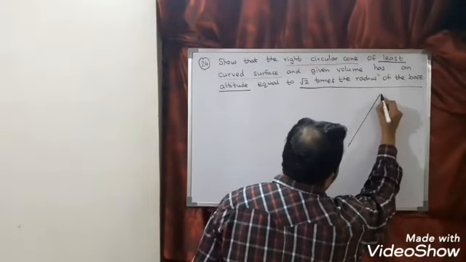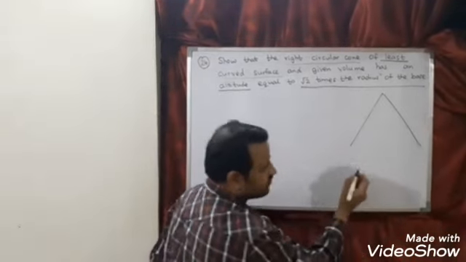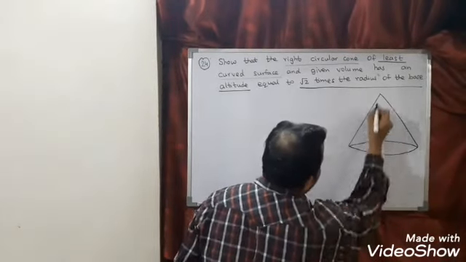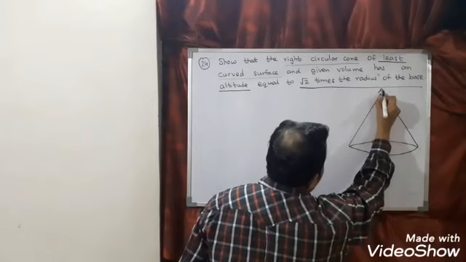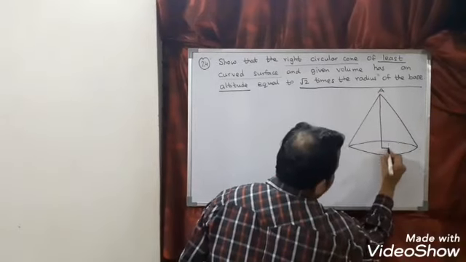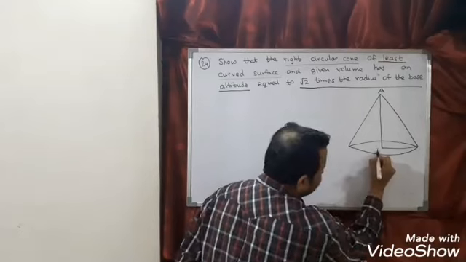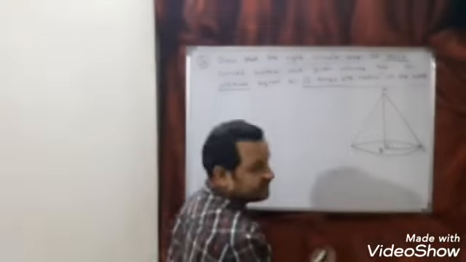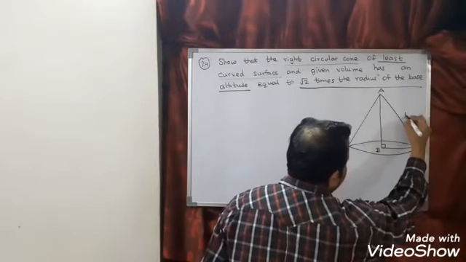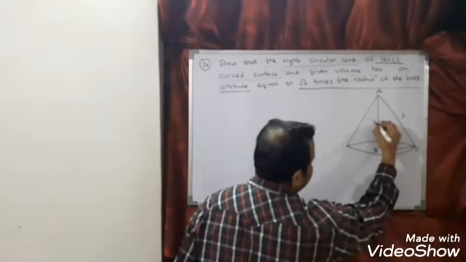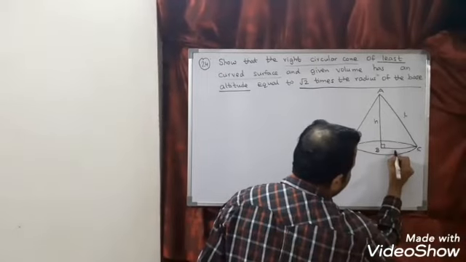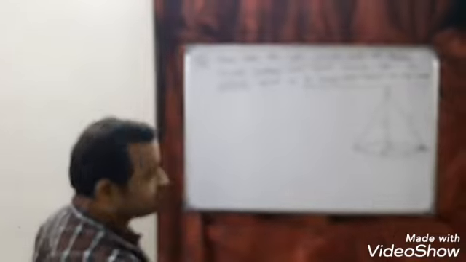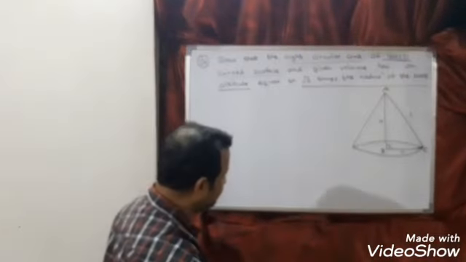This is the cone. Let us take this as A, this as B, this as C. This is 90. L is the slant height, H the height of the cone, and R the radius of the cone. So let us write all the details.